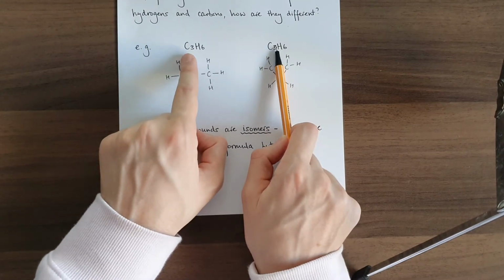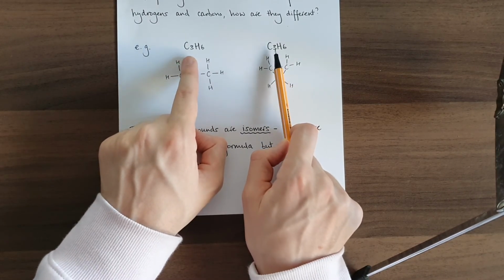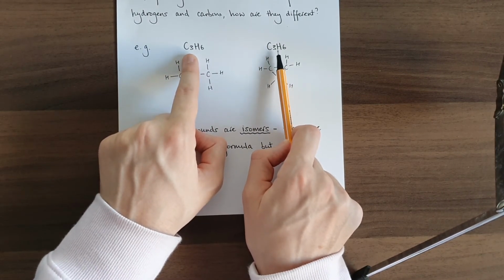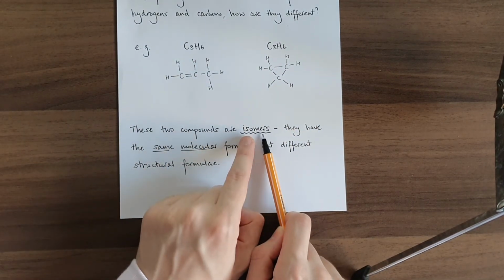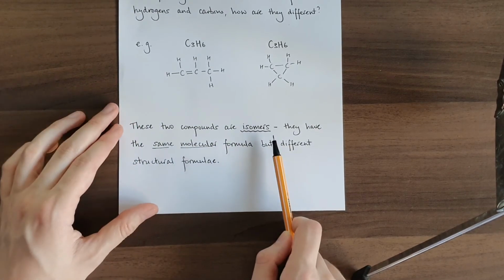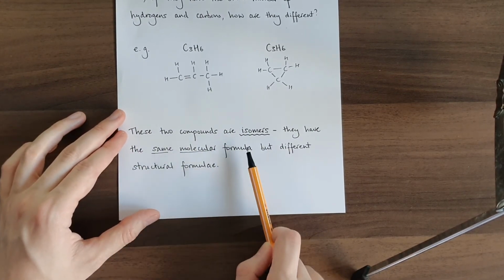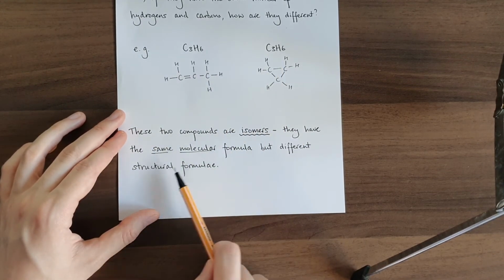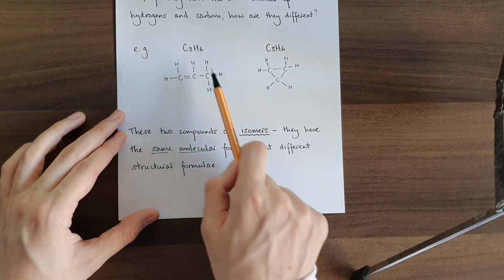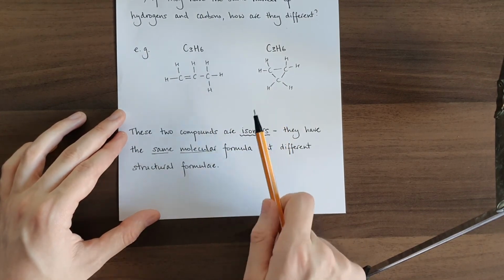Because the molecular formula does not tell me that, it just tells me the total number of atoms that I have. So, in defining an isomer then, we are talking about pairs of compounds or sets of compounds that have the same molecular formula, the same number of atoms of each element, but a different structural formula. The atoms and the bonds are arranged in a different way.